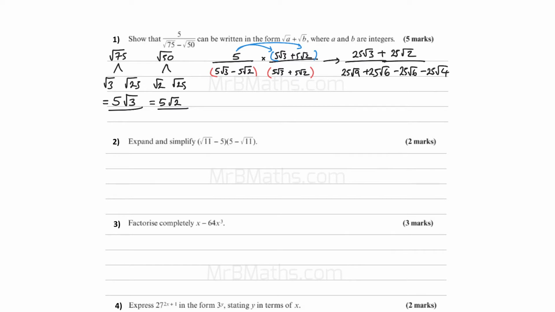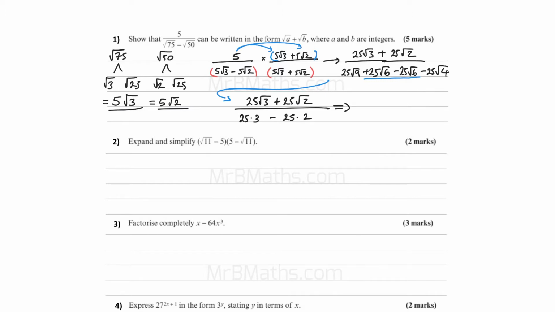Now if we simplify this, we can see that the 25 root 6 and the 25 root 6 here will cancel each other out, so we'll be left with 25 root 3 plus 25 root 2 all over 25 times 3 from the root 9 minus 25 times 2.